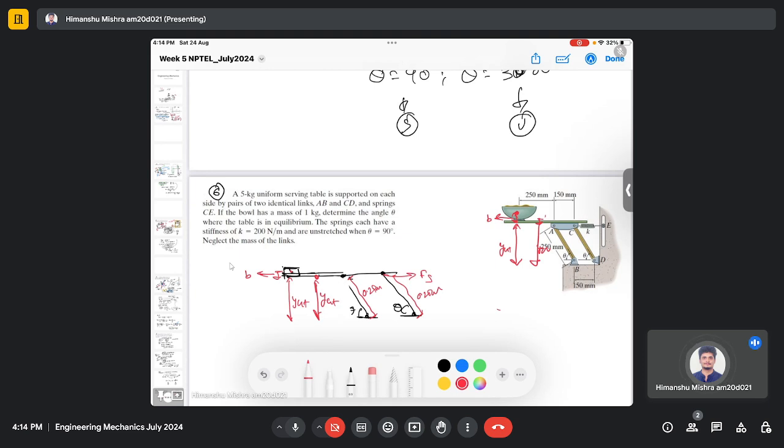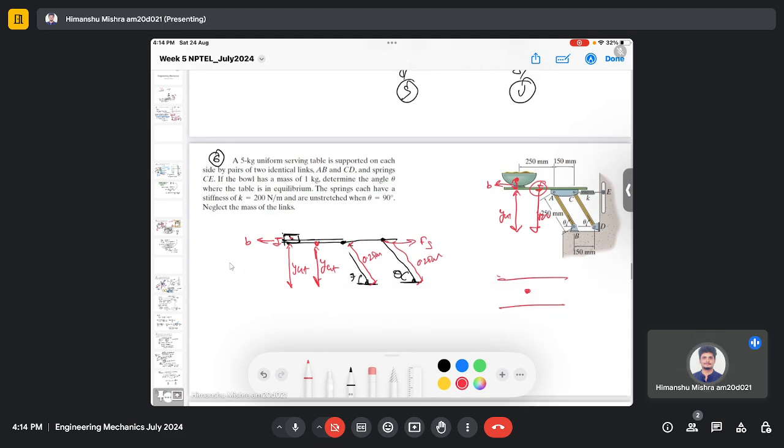If you zoom in on this figure, this is your table and this is the centroid of the table, from where the mass of the table is acting. So this distance is a, and the remaining one is y_GT. So from the table centroid, the distance is a plus y_GT.